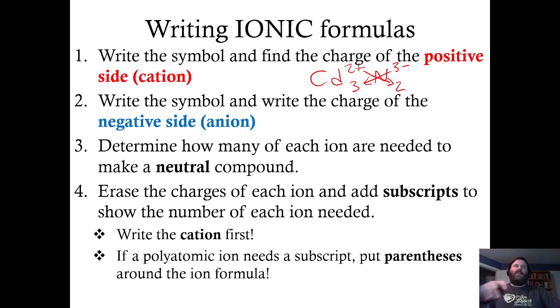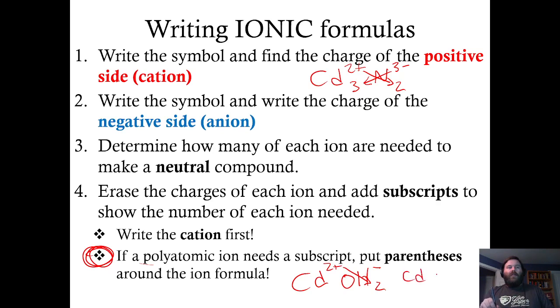The most important thing that we haven't seen before is down here. If it's a polyatomic ion, so let's say instead of nitride, we have cadmium hydroxide, okay? That's -1, that's 2+, and since we're going to need to put a 2 down here, we just put parentheses around it.